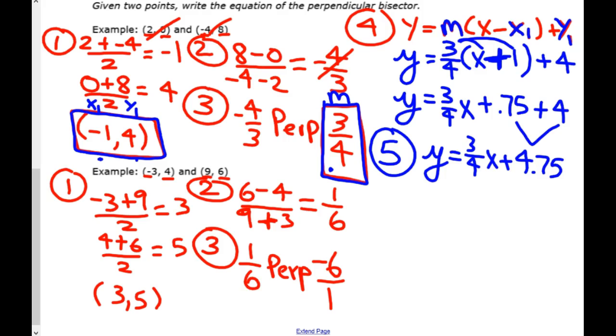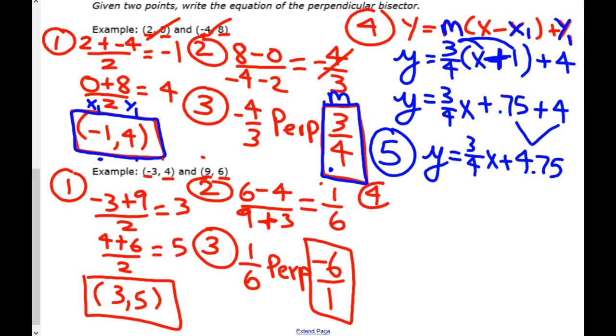All right, so all I care about is this slope and this point. I don't care about the 2 original points. I don't care about that slope anymore. Midpoint and perpendicular slope. So I can do step 4. Y equals, and I'm going to cut to the chase here. What's the m?